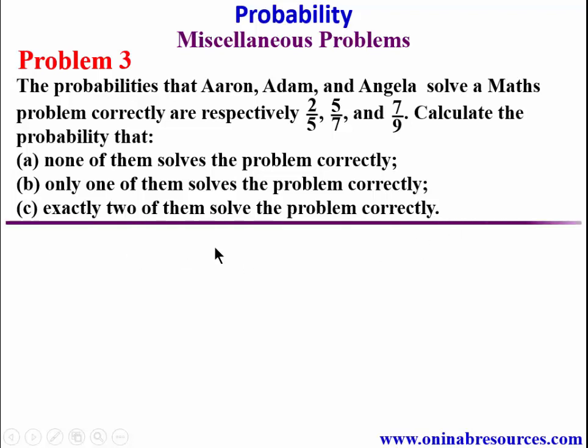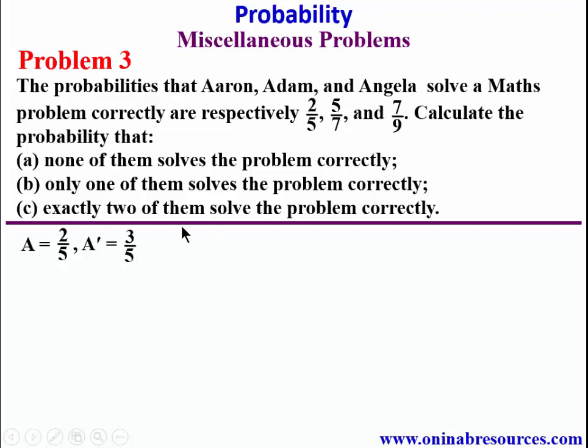In our solution, we need to get the complement of each of the probabilities so that we represent them with A, B, C since they are all A. So we can just say Aaron solving it correctly is 2/5, and Aaron not solving it correctly, which is the complement, is 1 minus 2/5, which will just give us 3/5.